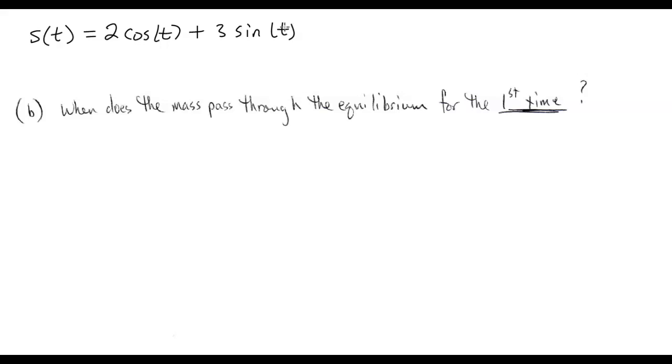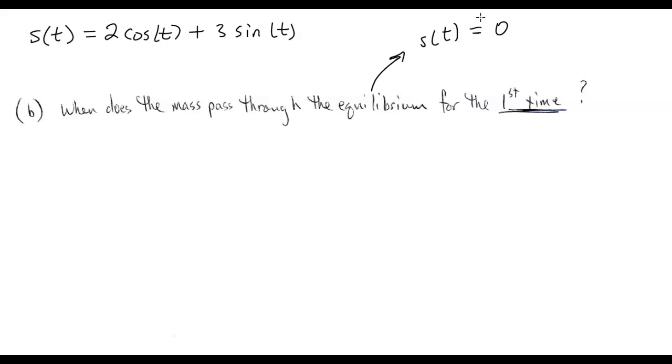So when our mass passes through equilibrium, the position of that mass at that time will be 0. So essentially what this is asking is, tell me when the position is equal to 0. But notice that we're asking when is the position of the mass going to be equal to 0 for the first time.